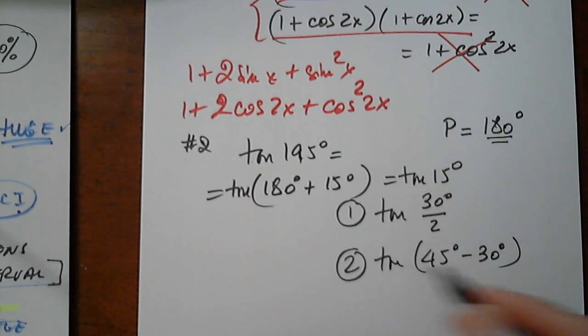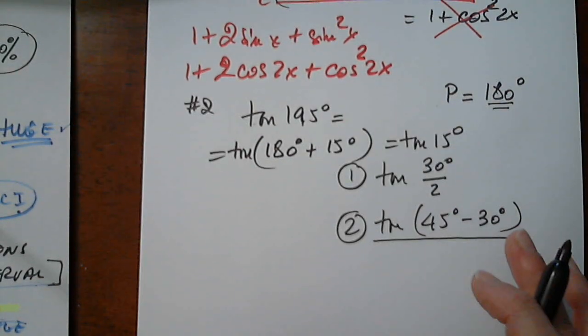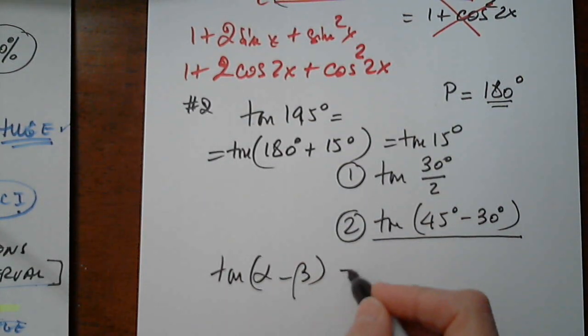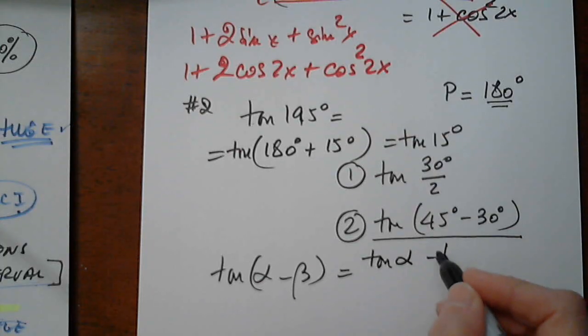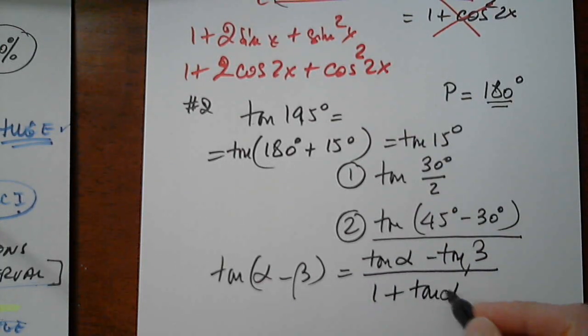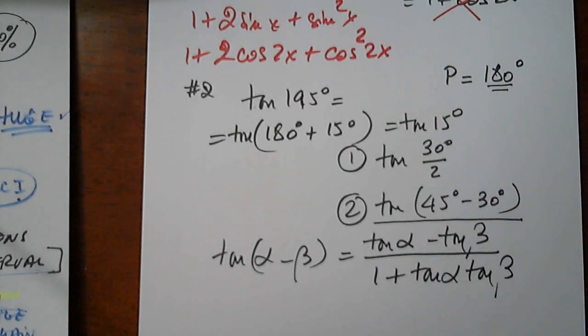So if we choose, for example, the difference, remember the formula, or the identity to be exact: tangent of alpha minus beta equals tangent alpha minus tangent beta over 1 plus tangent alpha tangent beta. Tangent alpha is easy because it's tangent 45.